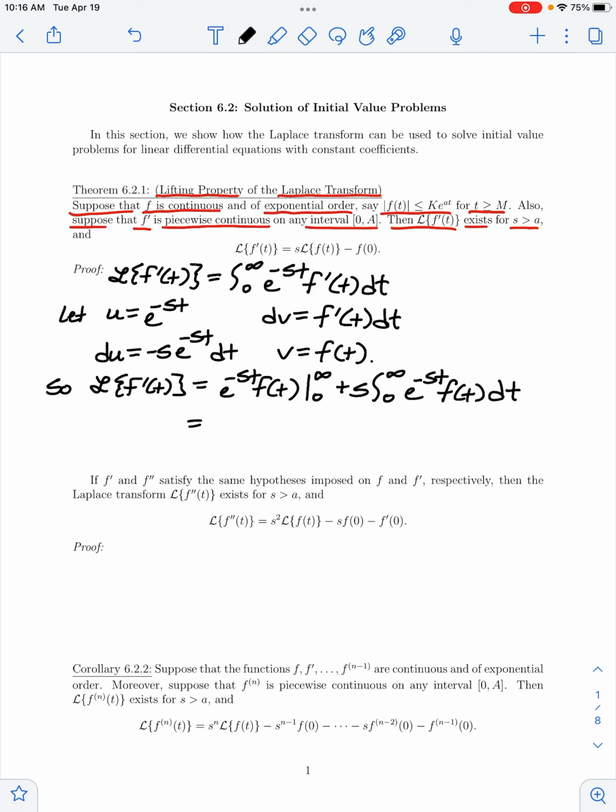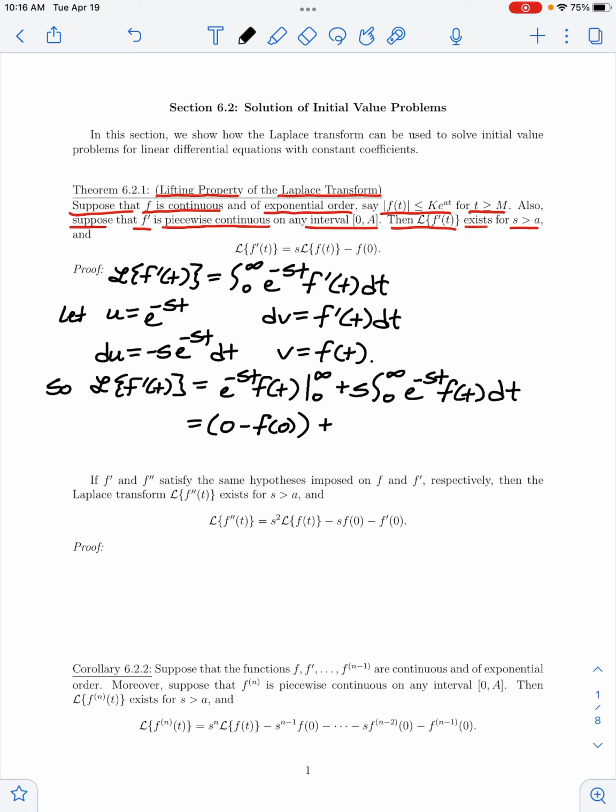And so let's see what we have. Evaluating this first expression from 0 to infinity, well, as t becomes infinitely large, the exponential e to the negative st will decay to 0, at least for some values of s. And then we subtract what we get by substituting in t equals 0, which would be e to the 0, or 1, times f of 0.